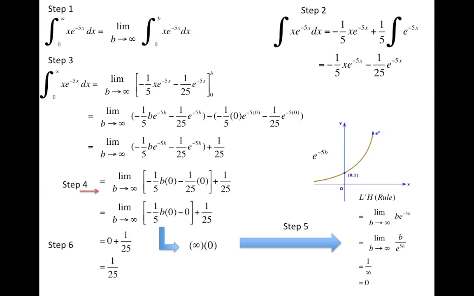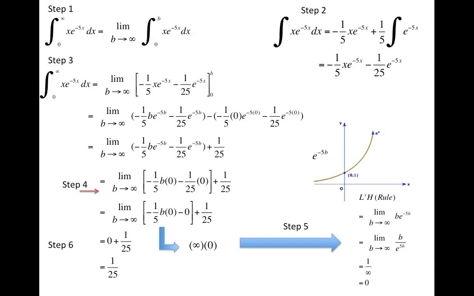But for the front part, negative 1 over 5 times b times 0, which is basically infinity times 0, we can't just assume that it's 0 because infinity is not a definite number. So we go to step 5, L'Hopital's rule, which you use when you get an indeterminate product to simplify it further.